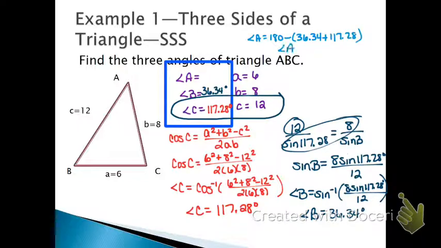So what is angle A? 26.38. Somebody said 26.38. I think I heard another one as well. 27.38? It's 26. Okay. Was there just a typo? That's okay. That's why we're checking. Alright. 26.38 degrees.